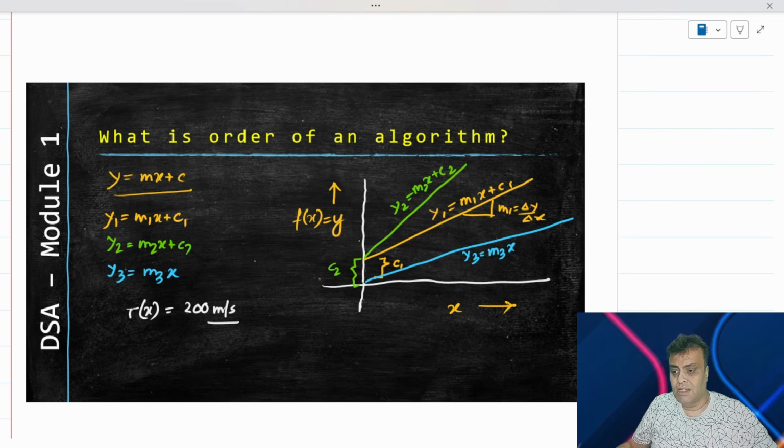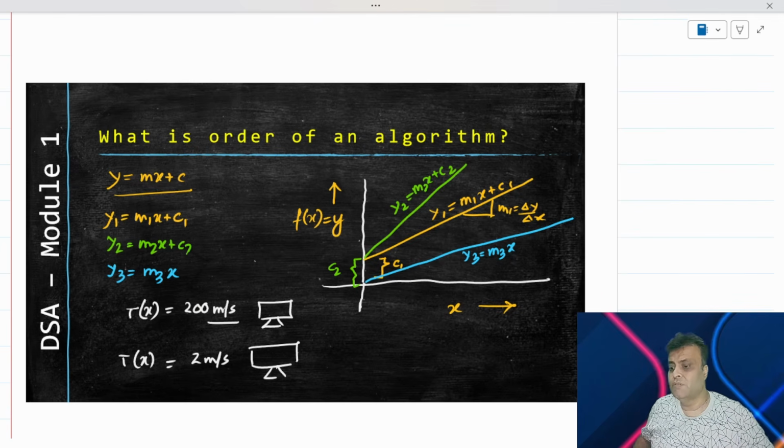Yes, we can say that, but that will be applicable for a particular machine. If I give you a better machine, then don't you think you can execute this algorithm in 2 milliseconds? The same algorithm can be executed on two different machines in two different amounts of time. So how can you tell that my algorithm takes 200 milliseconds and hence it is good? You cannot say that, right?